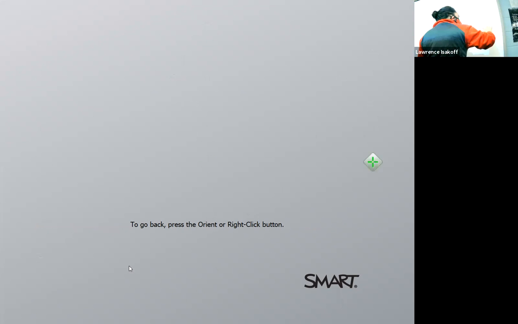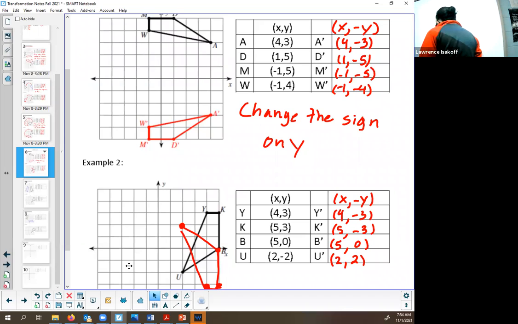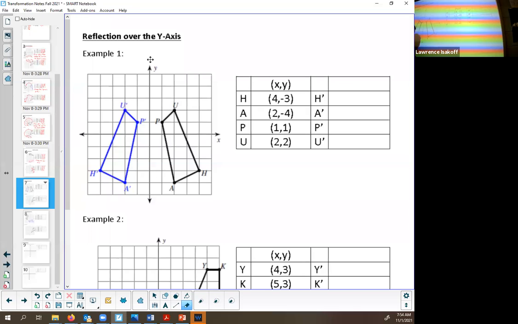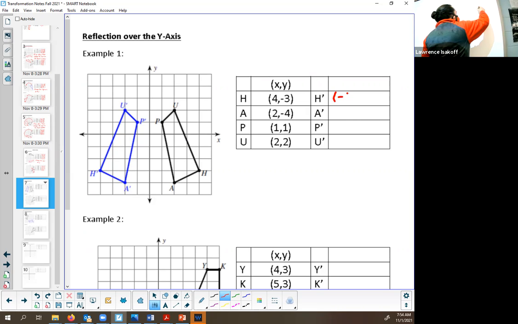We'll go over reflecting over the y-axis now. So the y-axis, now I'm flipping over this line. Again, if I were to fold along that, we would see they overlap. So I'm going to start with H prime. H prime, that point is at -4, -3.